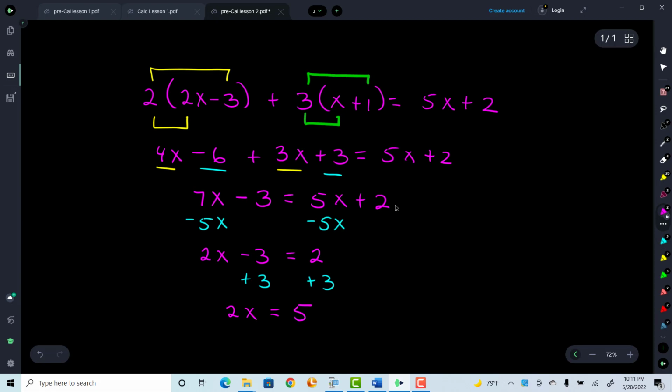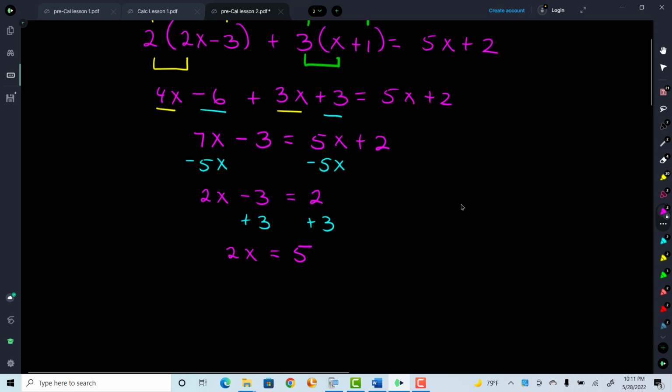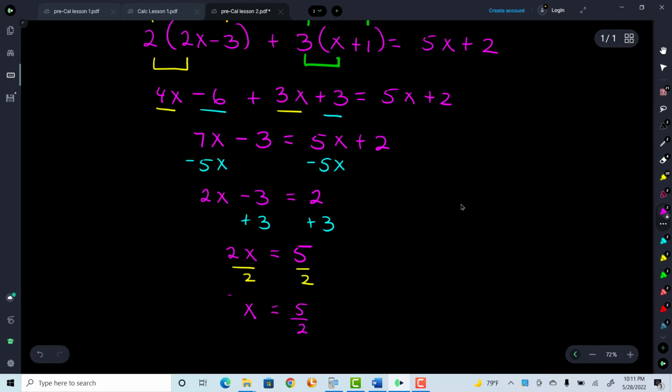So we have 2x equals 5. Okay, now how do I get the x by itself? Now I'm going to divide by 2 on both sides of the equation. So we have x equals 5 over 2. That is the solution to that equation.